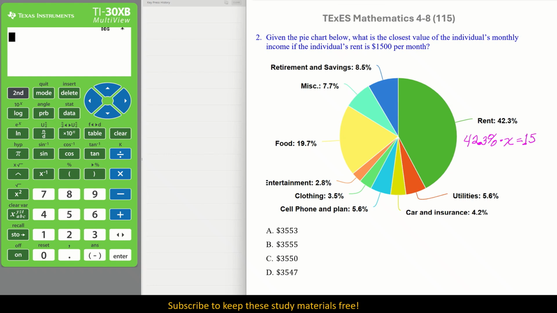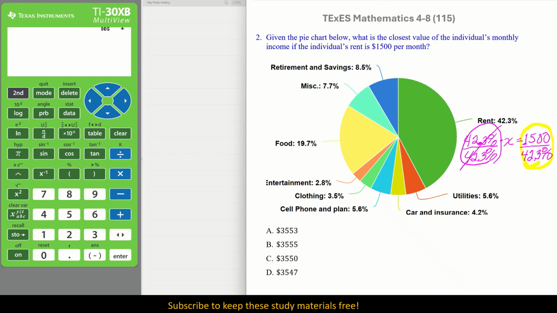1500. Okay, putting that in our calculator, well, just perform a little bit of algebra, right? Divide both sides by the 42.3%. So this means this equals 1. So what are we going to put in the calculator? What I have highlighted.